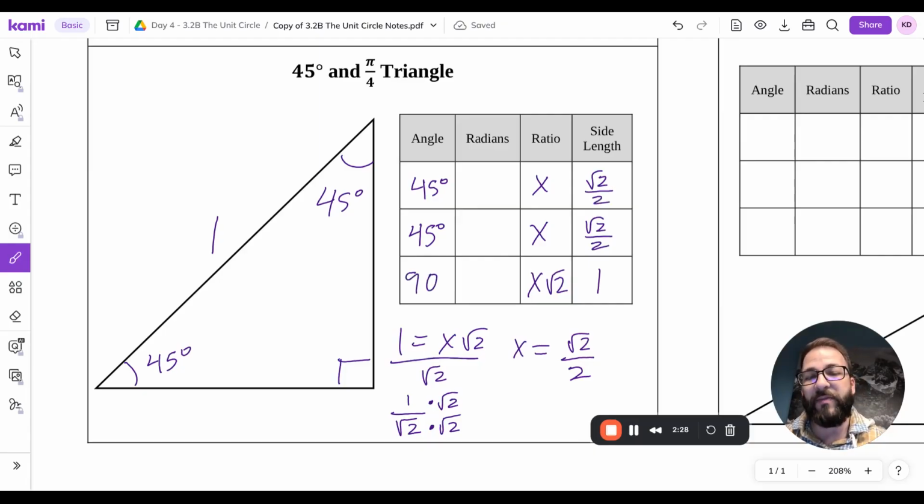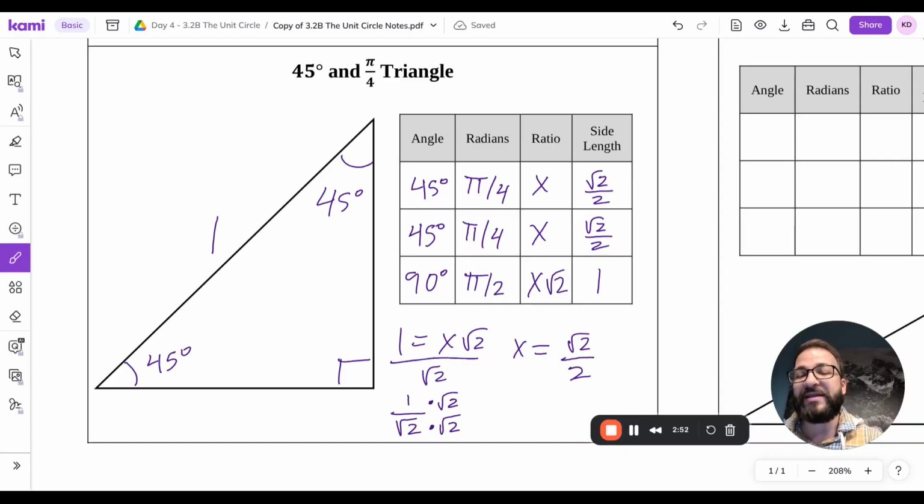And of course, our hypotenuse is across from our 90-degree angle. While degrees is what we're comfortable with when it comes to our special right triangles, we want to use radians because that's what we're upgrading to in AP Pre-Calculus. So pi over 4, pi over 4, and 90 degrees is double 45, so 2 pi over 4 or pi over 2.